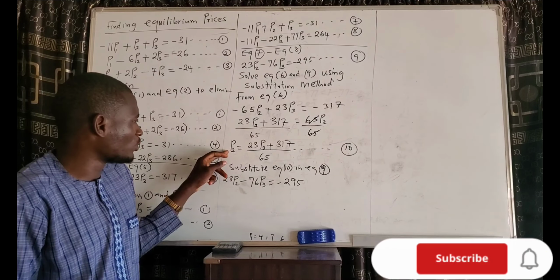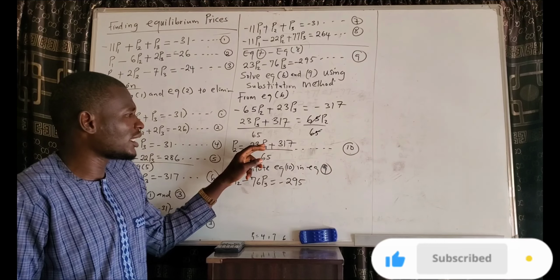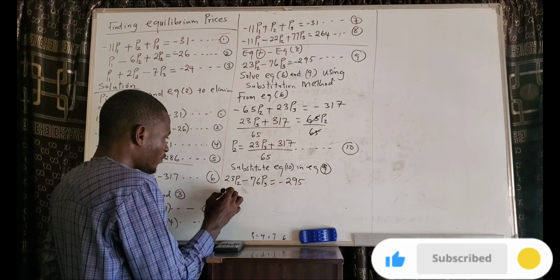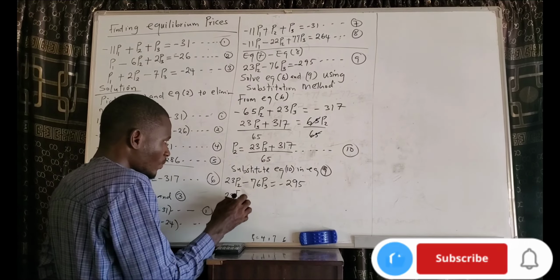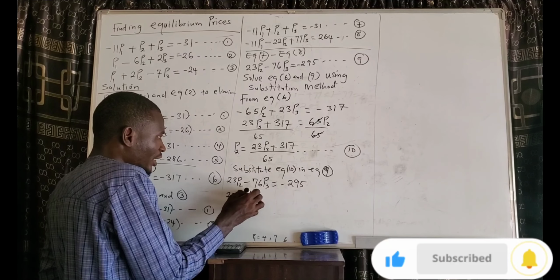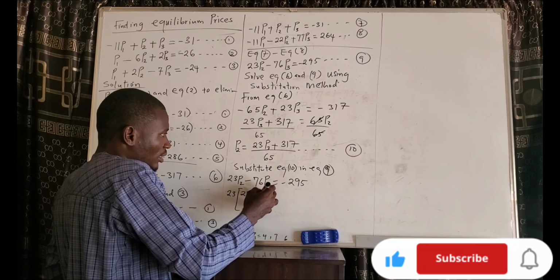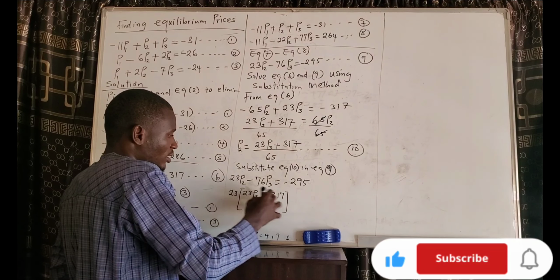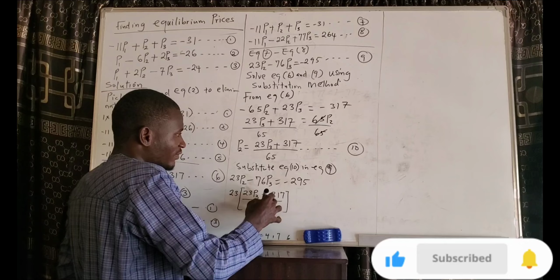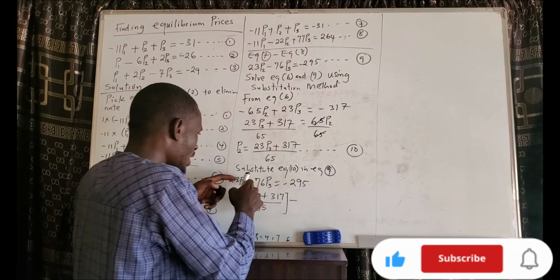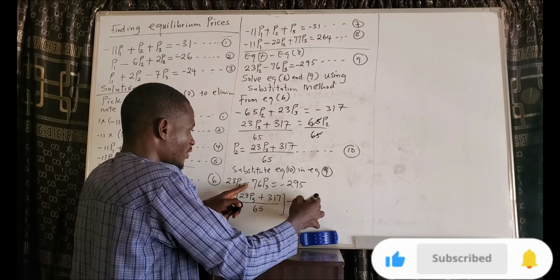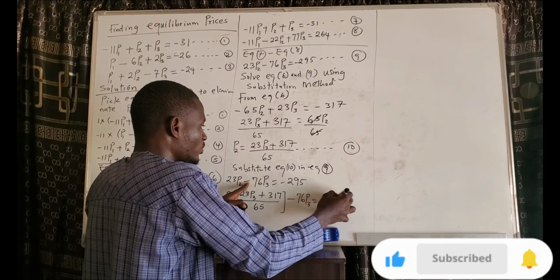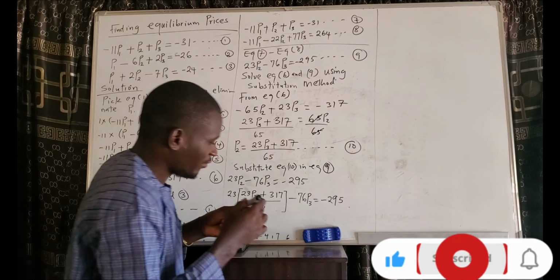Anywhere you see p2, you put 23p3 plus 317 over 65. Then we have 23 into 23p3 plus 317 all over 65, then minus 76p3 equal to negative 295.